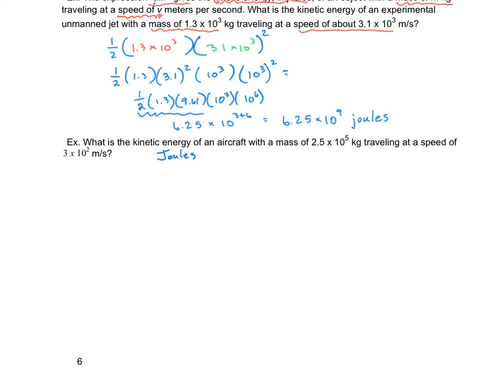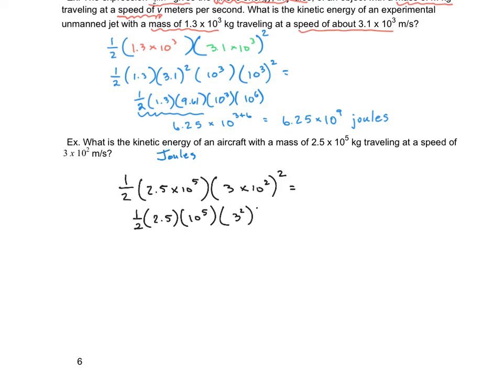So now we just go ahead and fill in our equation. We have 1/2 times 2.5 times 10 to the fifth times 3 times 10 to the second, squared. So we end up with 1/2 times 2.5 times 10 to the fifth times 3 squared times 10 to the fourth. Continuing on here, we end up with 11.25 times 10 to the, right here, 5 and 4.